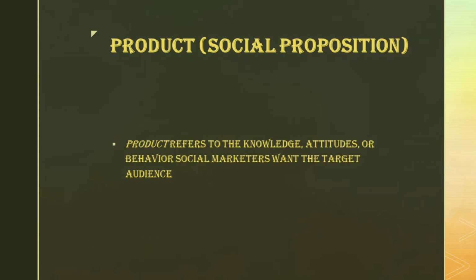Social marketers distinguish between the core product and the actual product. Core product means what people will gain when they perform the behavior, and the actual product is the desired behavior. To succeed, the product must provide a solution to problems consumers consider important or offer them a benefit they truly value.